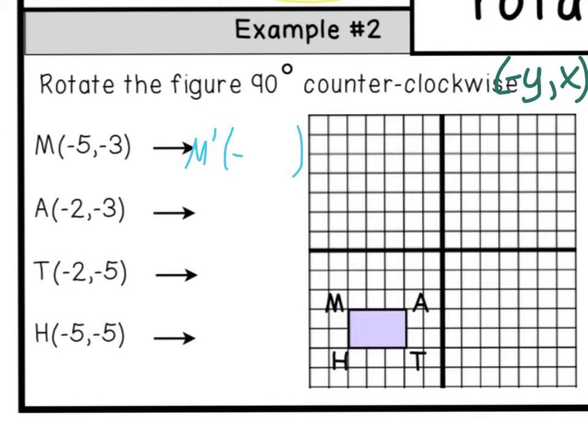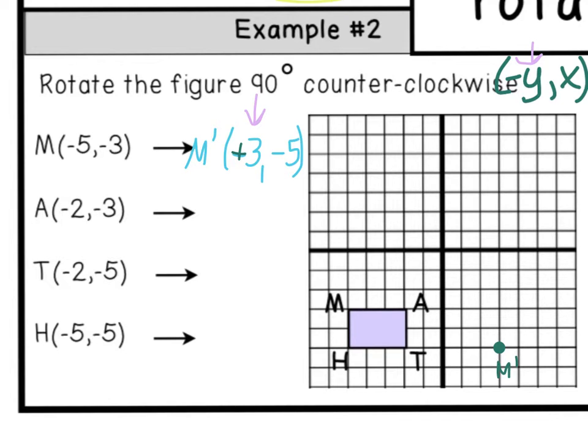Okay, so let's flip-flop, like reverse these, and then this value becomes negative, or the opposite. So like a negative and a negative, this now becomes positive. Okay, let's plot that. So forward 3 and down 5. 1, 2, 3, 4, 5. That's going to put us right there. And that is going to be M prime.